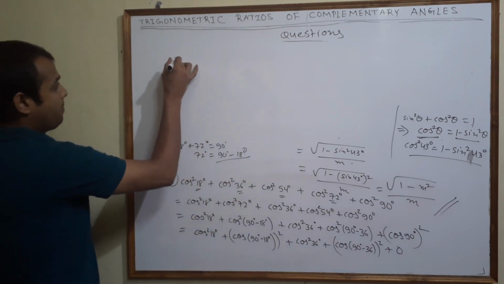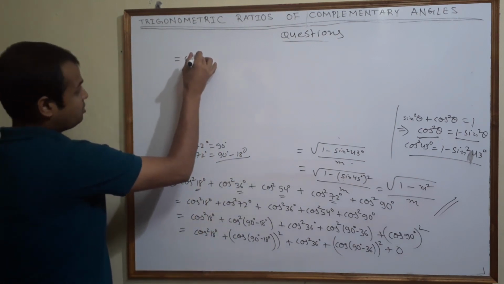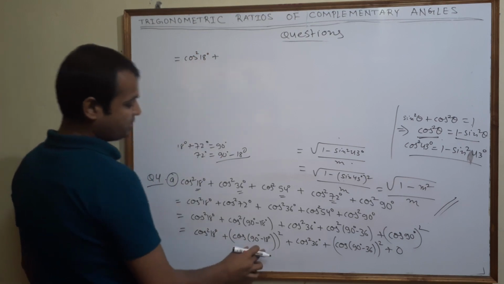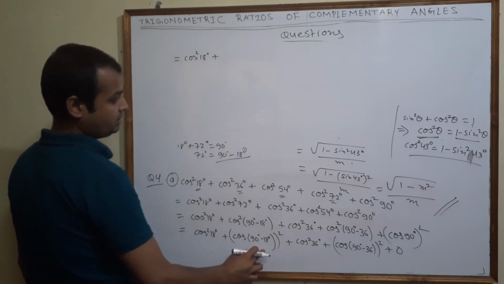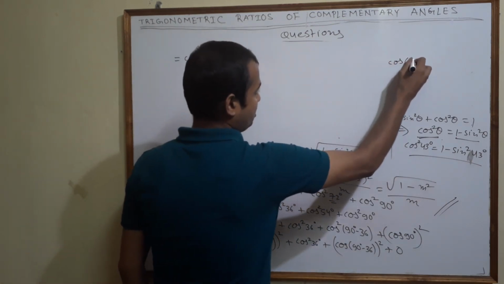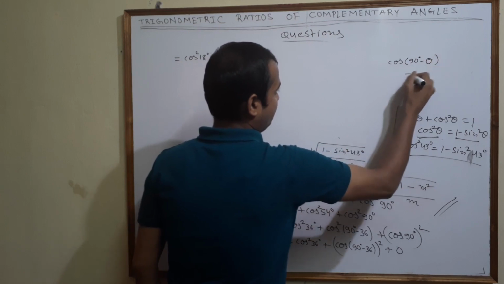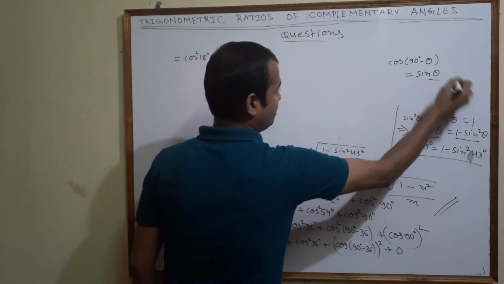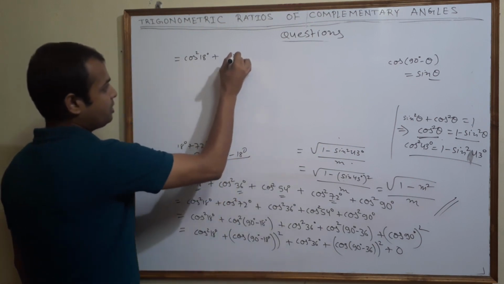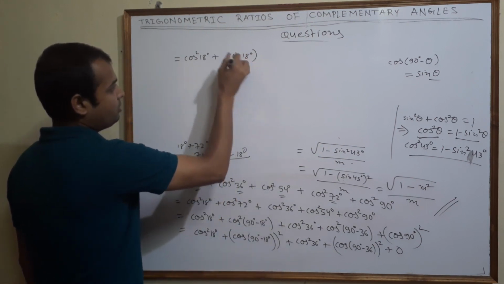Next, cos square 18 degree plus cos of 90 degree minus 18 degree whole square. You have to recall that cos of 90 degree minus theta is equal to sin theta. So cos of 90 minus 18 degree will become sin 18 degree whole square.